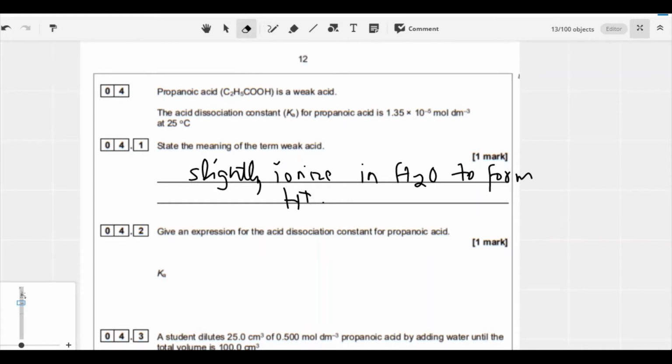It means that they are partially or slightly ionized or dissociate in the water to form hydrogen ions.